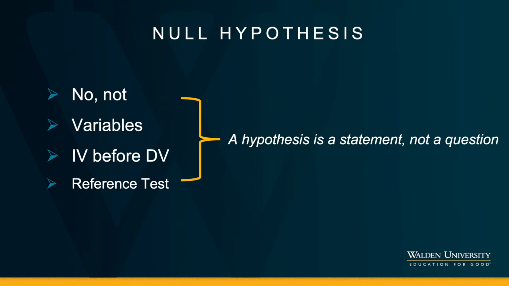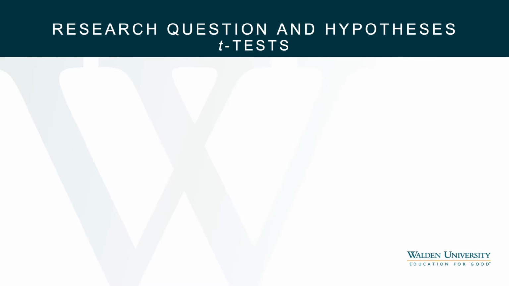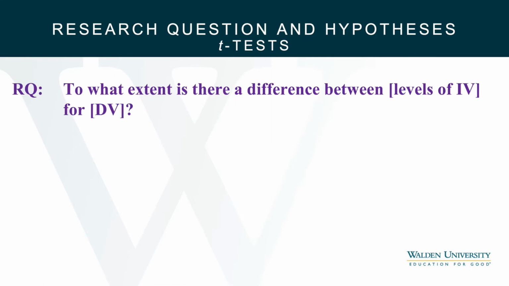To give you a quick example of what a research question for the independent samples t-test would look like, I have an example here on the screen. Of course, my research question has a question. It's written more like a formula, so you could enter your variables in here. I was taught to start my research questions with the phrase, to what extent? My chair taught me that when I worked on my dissertation.